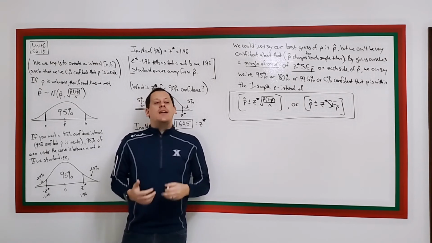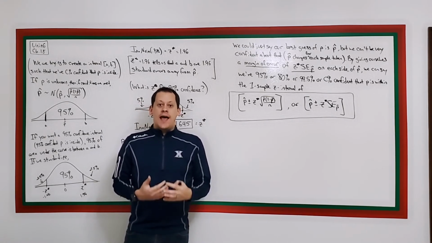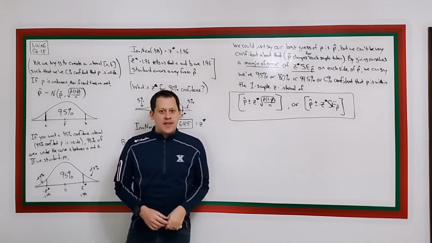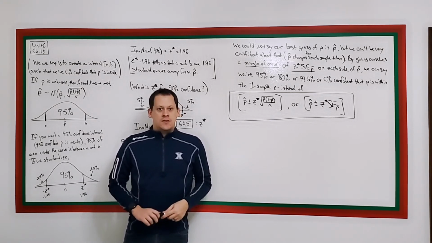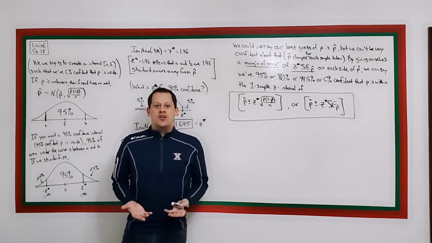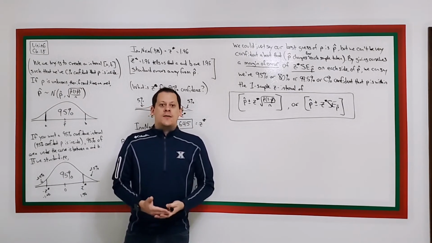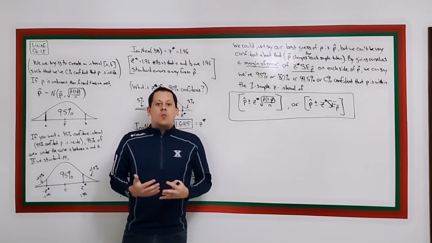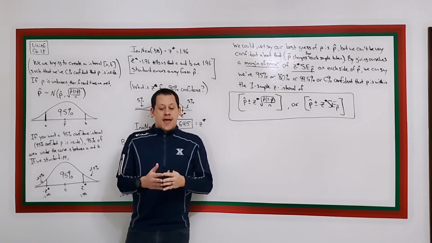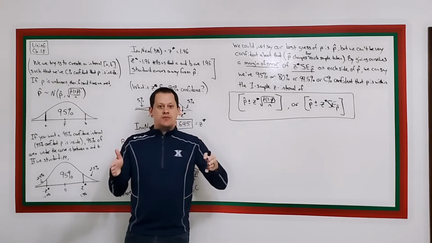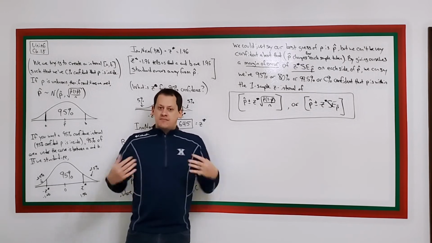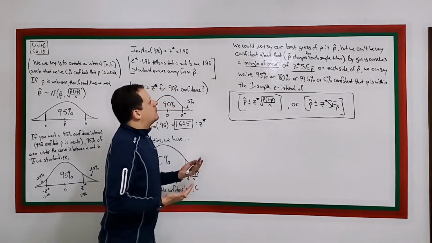That is true, but it is not a very good estimate, because if you were to take another sample, you would just get another p hat that's probably different. And then you would say that that's the best estimate of p. And it's just not very good because you're not confident about it. So if we want to estimate what p is, it is better to say, hey, here's an interval of values within which we're pretty confident p is in there. That's what we're doing with these intervals, right?